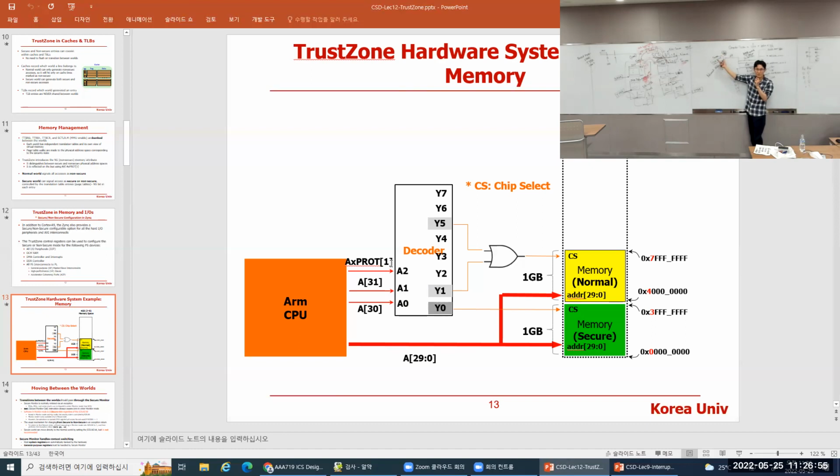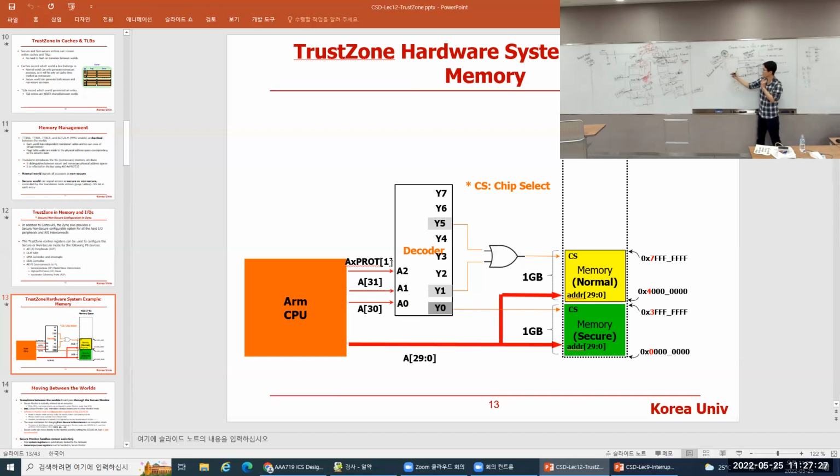CPU, secure state. You execute memory read or IO read, right? Then that line, that wire will be 0. Okay, you can take it 0 and 0, right? That means you are executing this program in secure state.